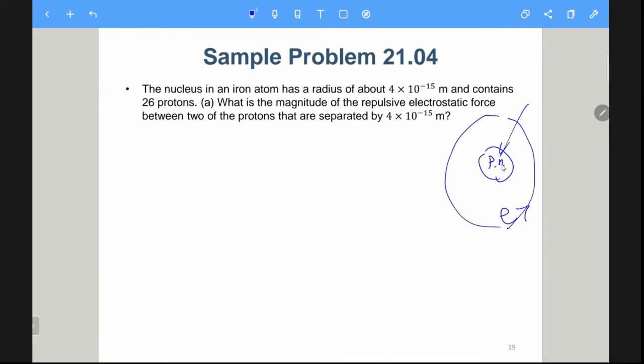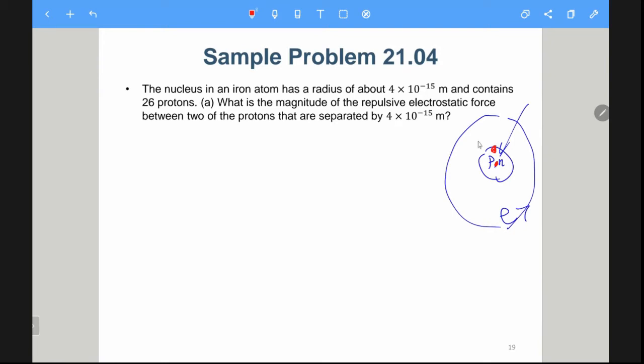We don't actually know how many neutrons are there, but it doesn't really matter. It concerns the repulsive electrostatic force between two of the protons. Let's say one of the protons is here, and another proton is here.